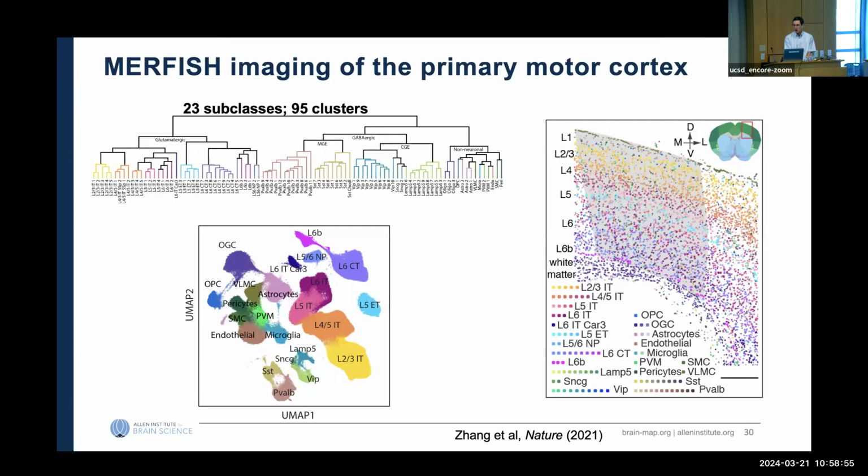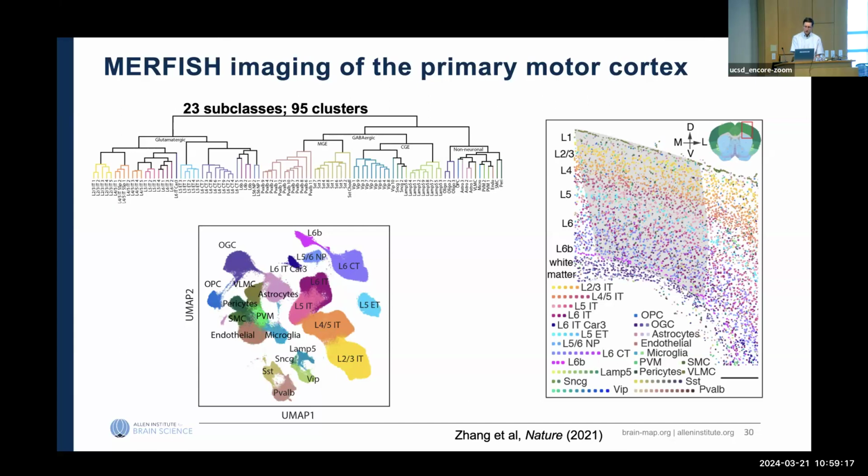This was pioneered by Xiaowei Zhuang from Harvard and some of her colleagues. And now there are very sophisticated versions of this. You can think of this as the great granddaughter of in situ hybridization. In situ hybridization has been around since about 1980, maybe one of the first experiments around then.